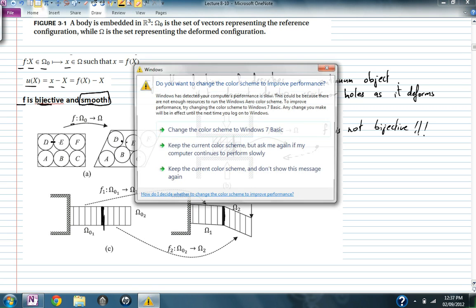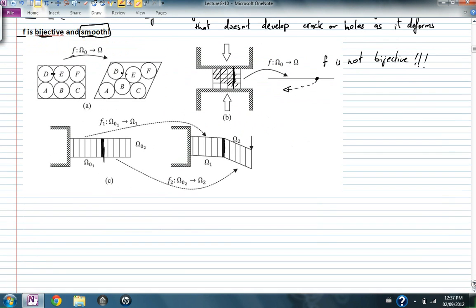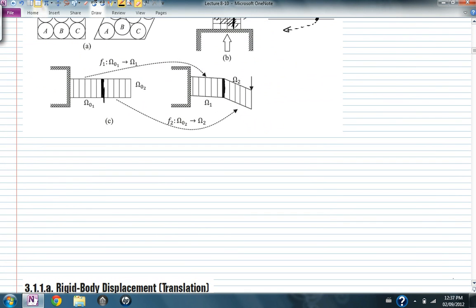So in general, the elements of continuum mechanics that I will study here are not applicable, of course without modifications. I have to modify them to make them applicable to objects that have crack extensions, for example.